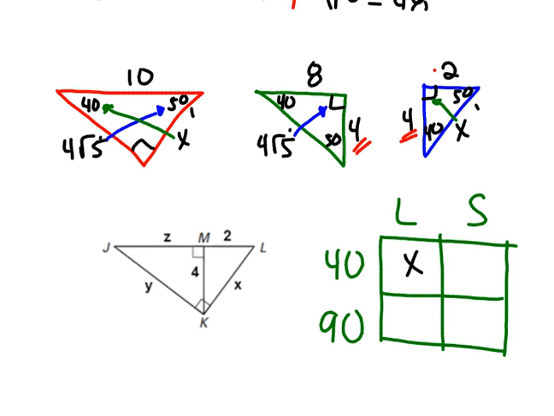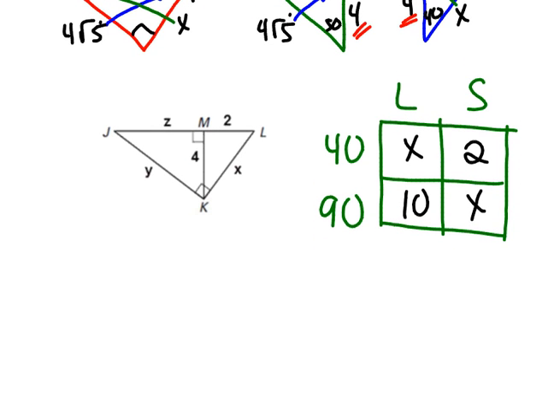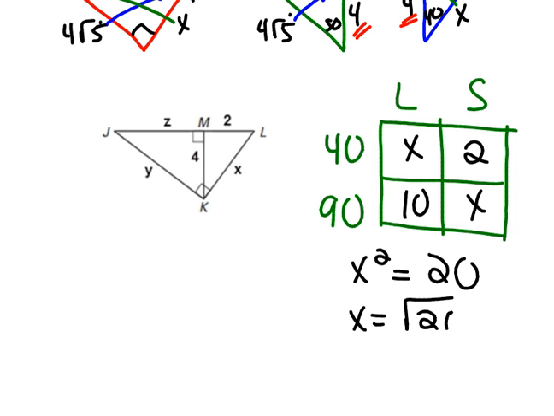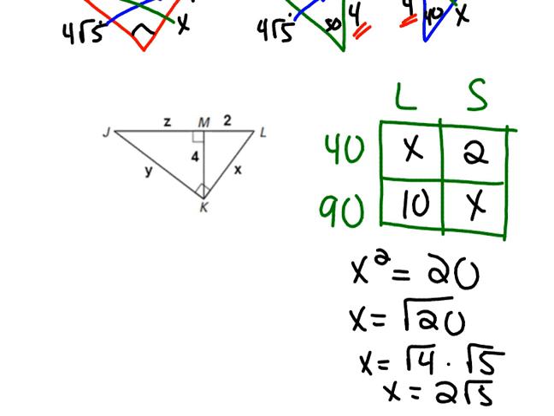We're going to have an x, we'll have a 10, we'll have a 2, and an x. We get x squared equals 20, x equals the square root of 20, x equals the square root of 4 times the square root of 5, x equals 2 square root of 5. So there are your variables for all three.